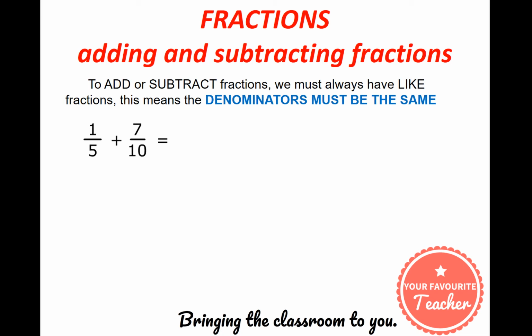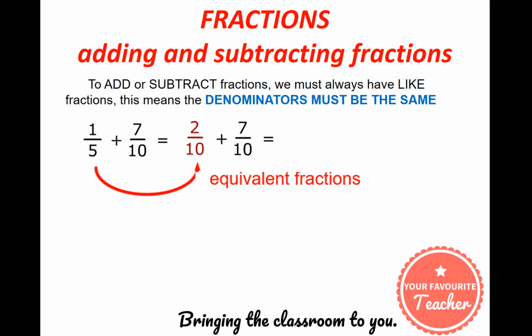I need to make the 1 over 5 equivalent to something over 10 so that I can have both denominators the same. So in this case, it'll be 2 over 10. And I can say 2 over 10 plus 7 over 10. I have equivalent fractions now with 1/5 and 2/10. And I can now add the two fractions with the numerators to get 9 over 10.